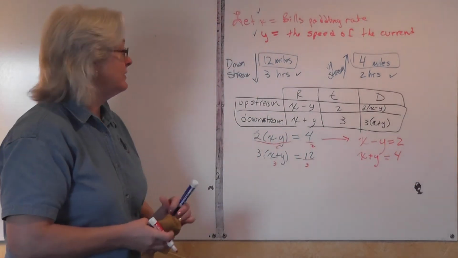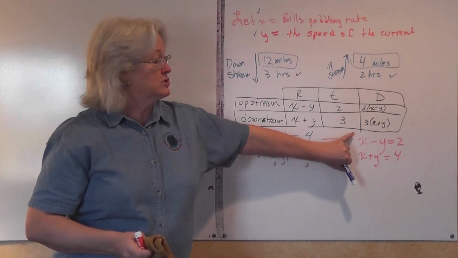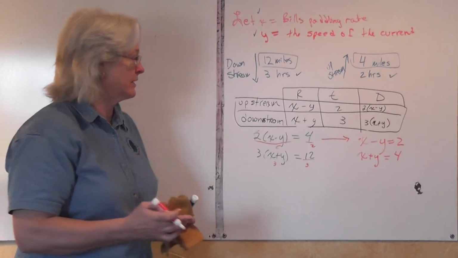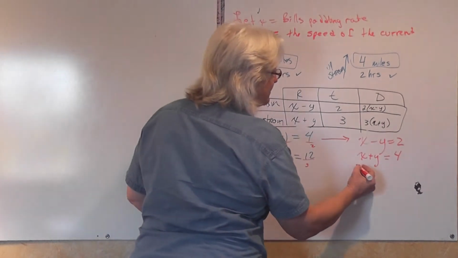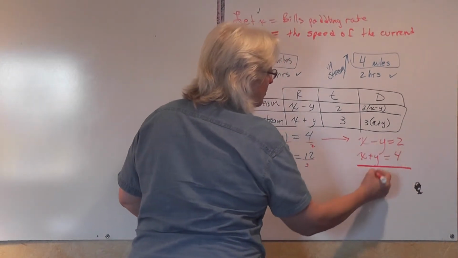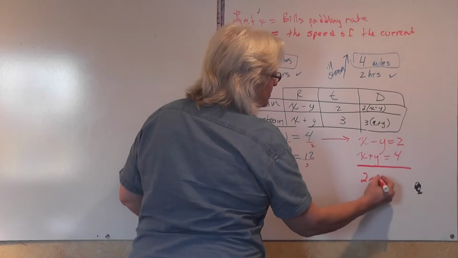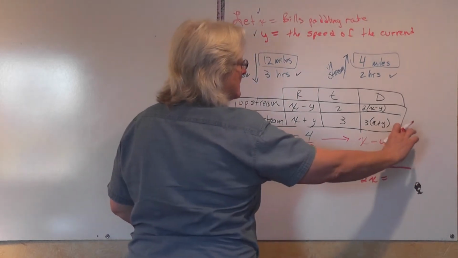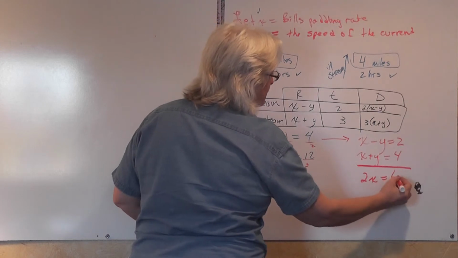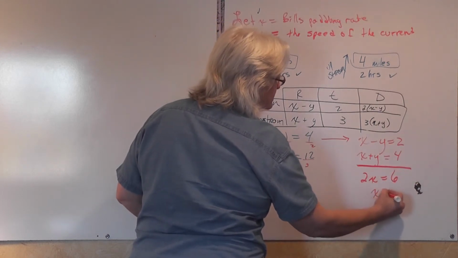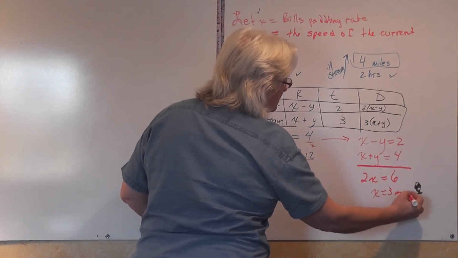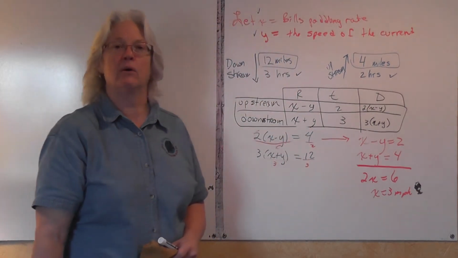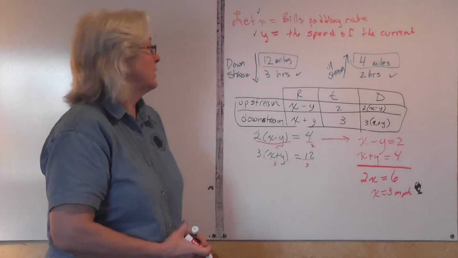Now we have 2 equations that are very easy to solve simply by adding them. When we add these 2 equations together, our y's drop out. 2x is equal to 6. Divide both sides, we have x is equal to 3 miles an hour. 3 miles an hour what?